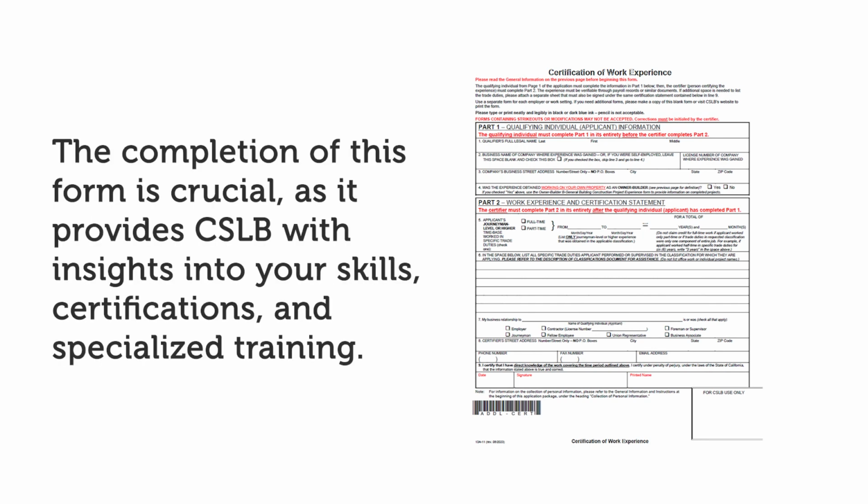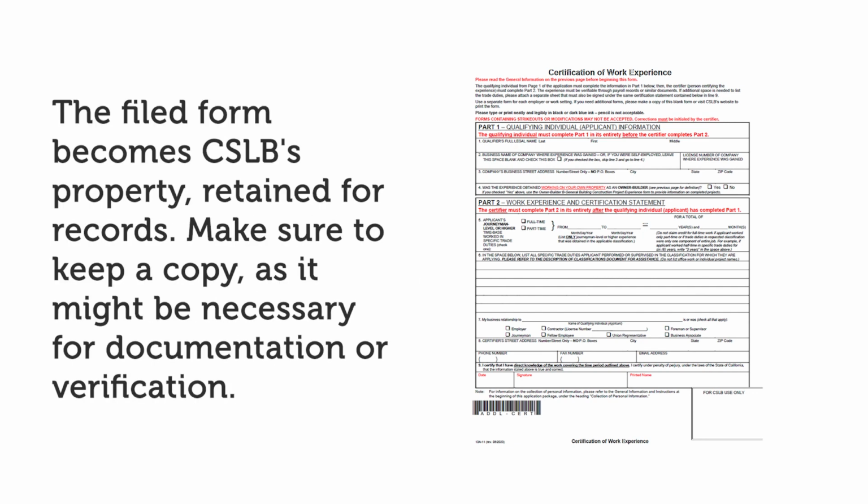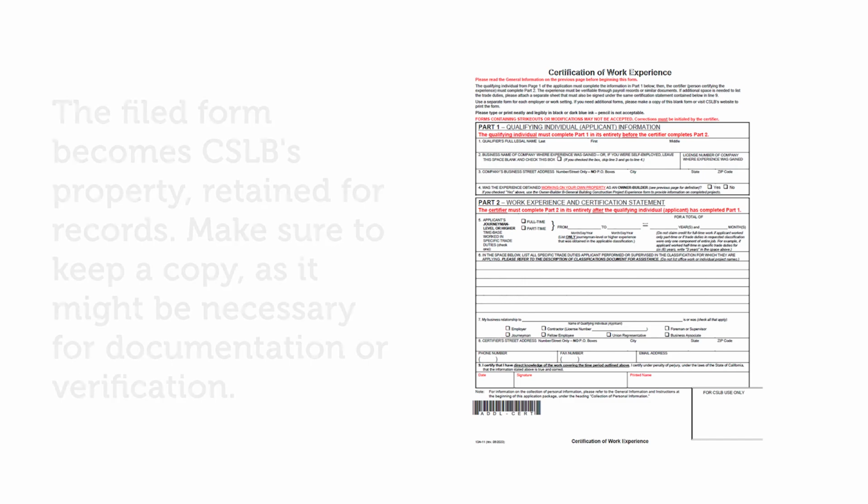The completion of this form is crucial as it provides CSLB with insights into your skills, certifications, and specialized training. The filed form becomes CSLB's property, retained for records. Make sure to keep a copy, as it might be necessary for documentation or verification.